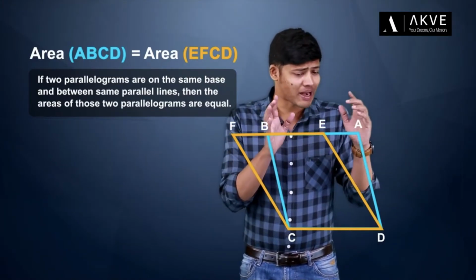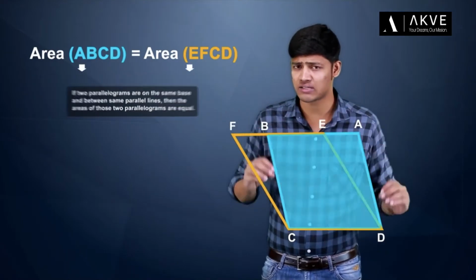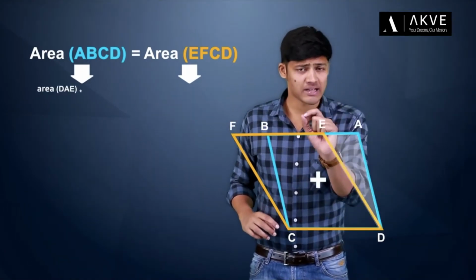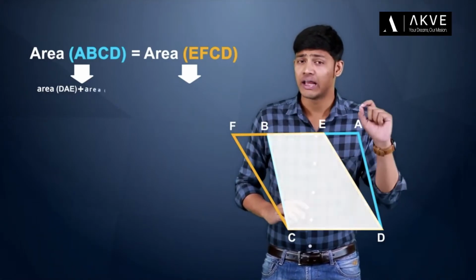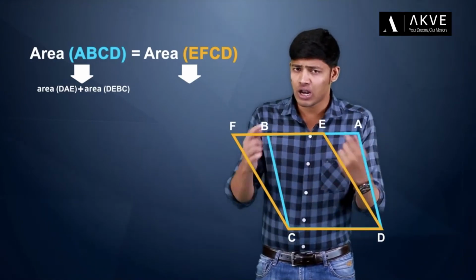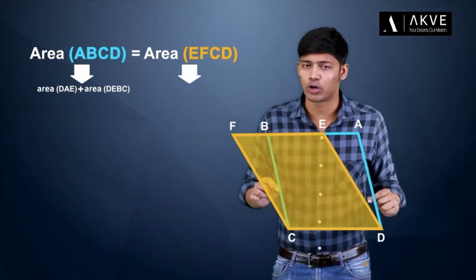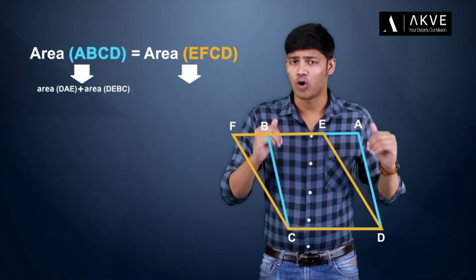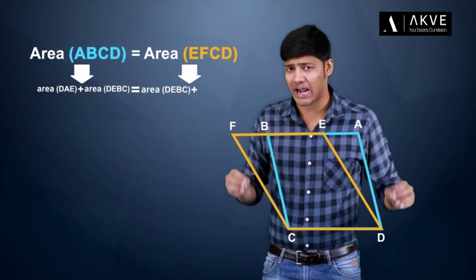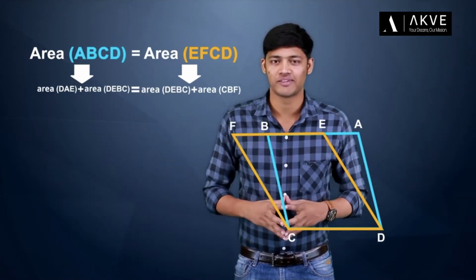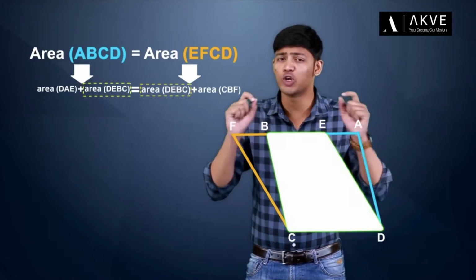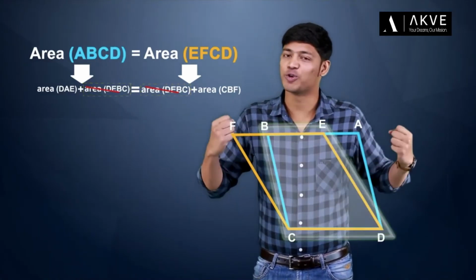The area of the parallelogram ABCD can be written as area of the triangle DAE plus area of DEBC. Now, the area of the parallelogram EFCD can be written as area of DEBC plus area of the triangle CBF. Since both the parallelograms have DEBC in common, we can ignore it.